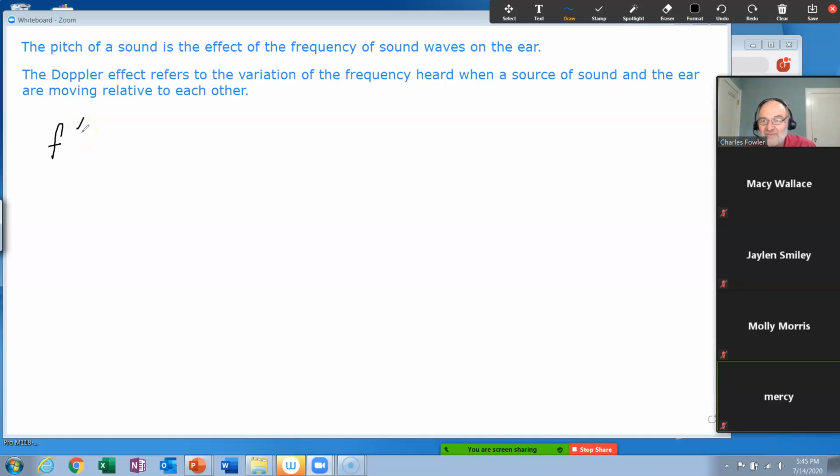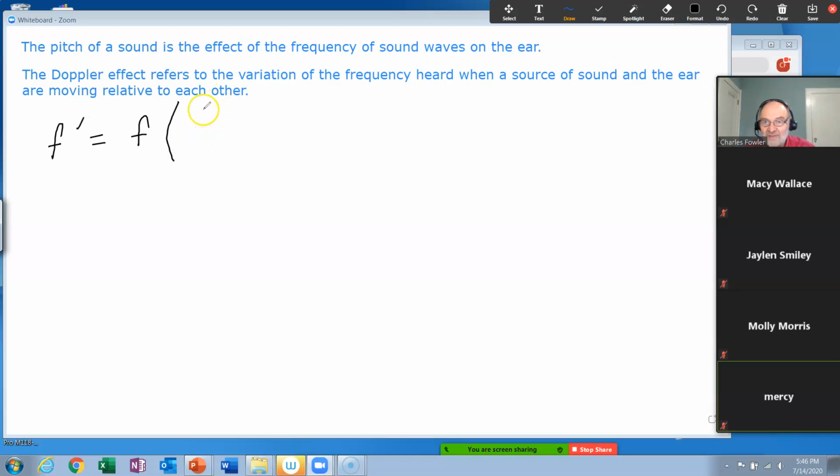Okay, that's the Doppler shifted frequency, not the real frequency, the one you hear. That's equal to the actual frequency of the source. The source is doing a fixed frequency, you're hearing a different frequency. That's the F prime. And here's what you multiply it by that produces that change.